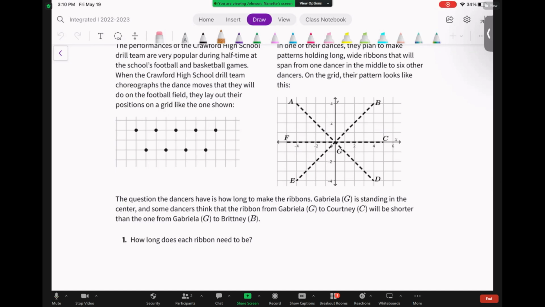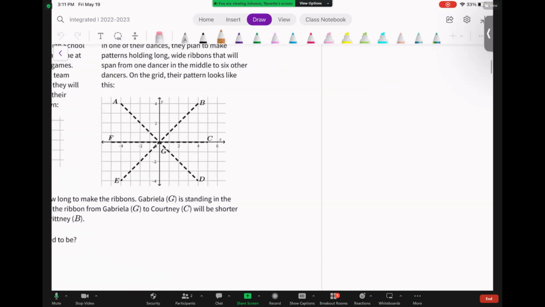Maybe you remember how to do this from 8th grade. One of the things that you learned in 8th grade was the Pythagorean Theorem. As a reminder, when you have a right triangle, you get leg squared plus leg squared equals hypotenuse squared.